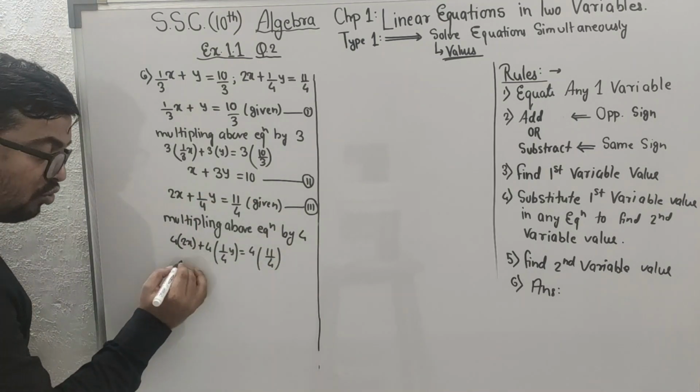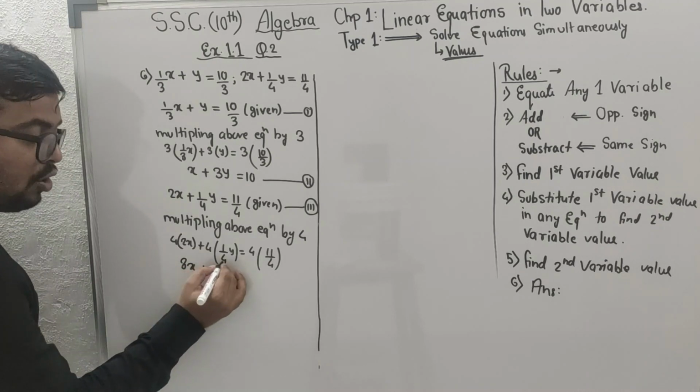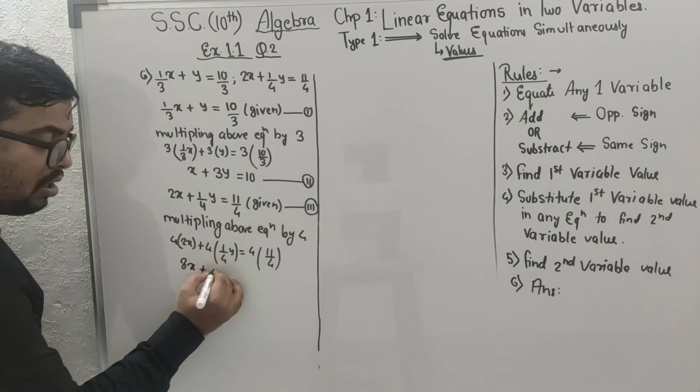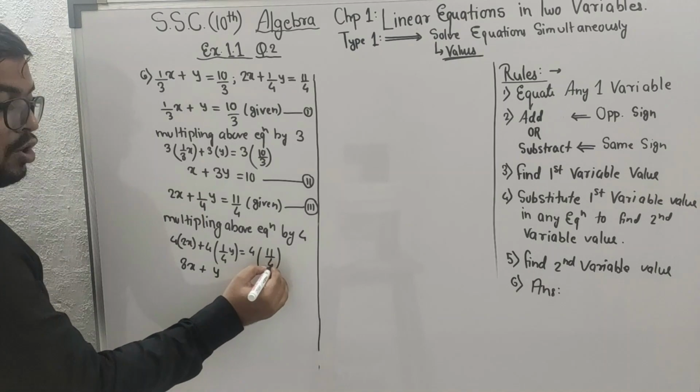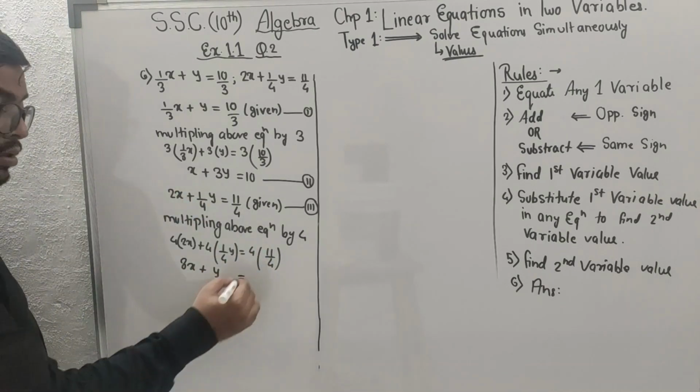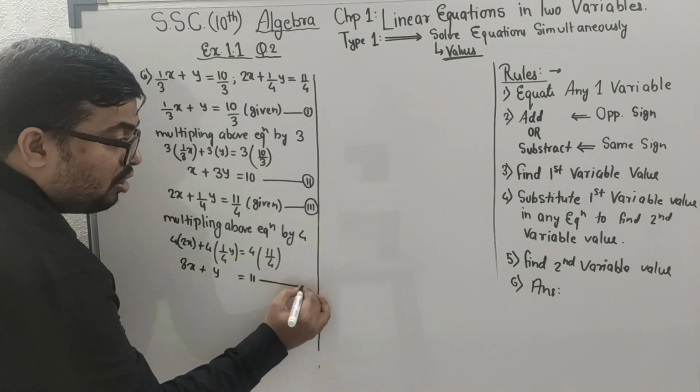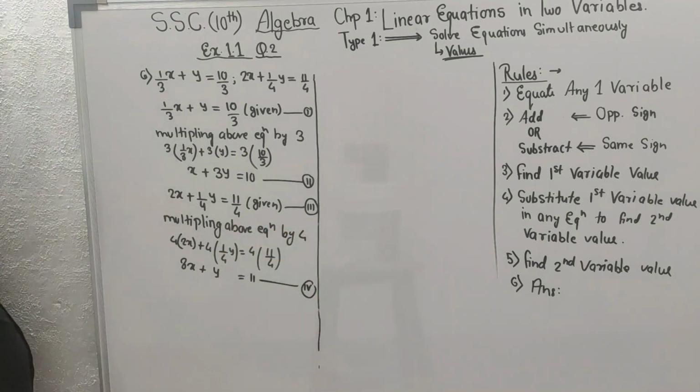Students, 4 2s are 8x, 4 will get cancelled, y 1s are y, 4 again will get cancelled, 11. This is equation number 4.